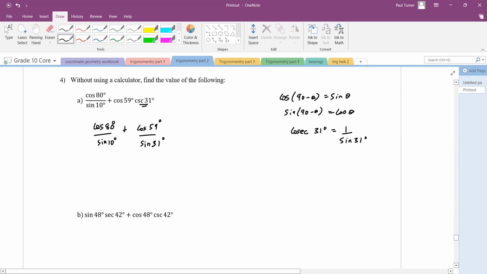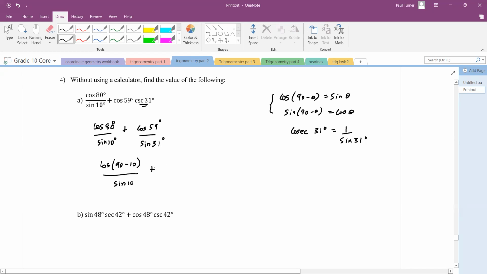So cos 80, using these rules here, whichever one you want to use, we could rewrite as cos 90 minus 10 on sine 10 plus cos 59.